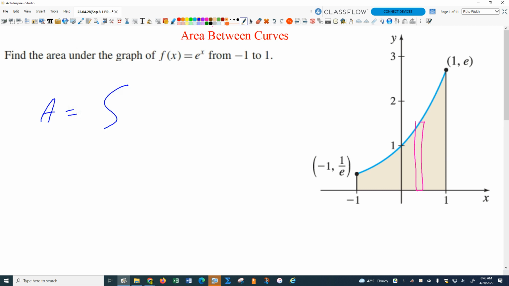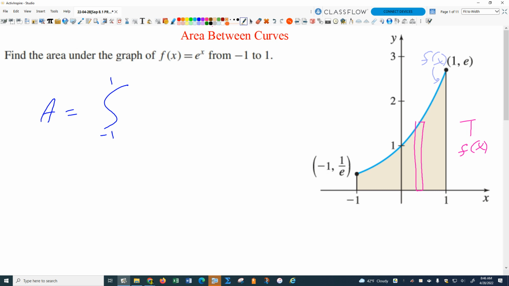So then when we add up our integral, well, we know that our limits of integration in this case are from -1 to 1. But what are the little pieces of area looking like? Well, if this is our function f of x, then the height is just f of whatever x value we're at the moment, right?